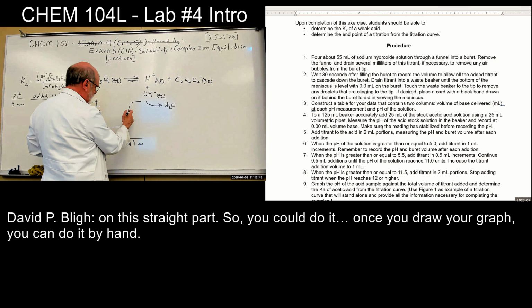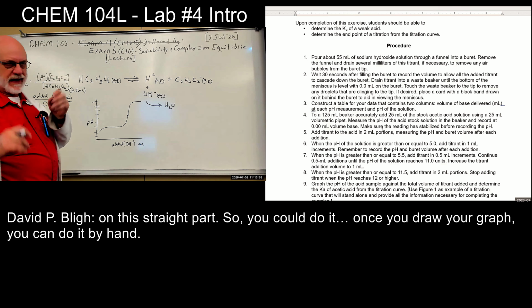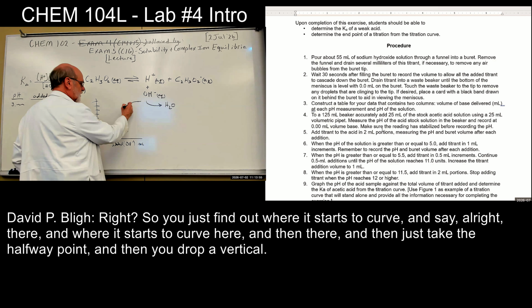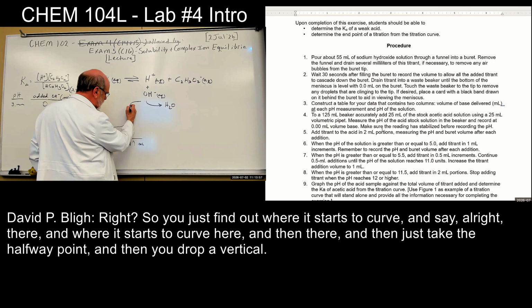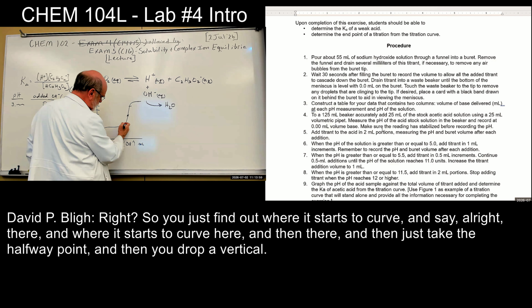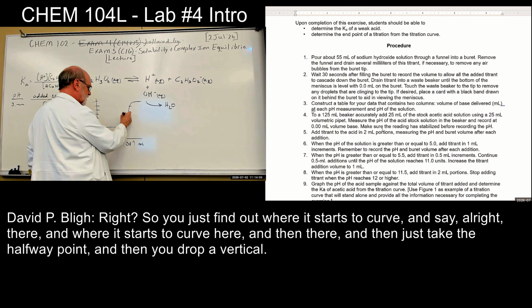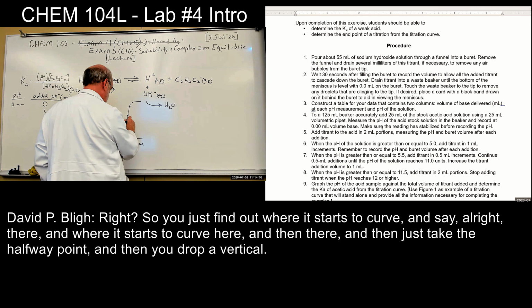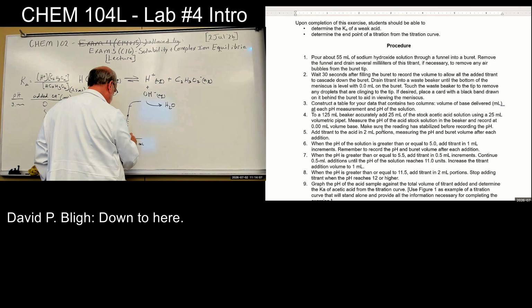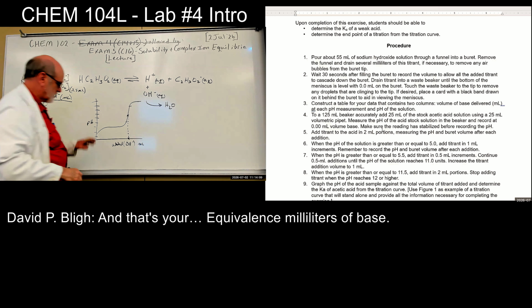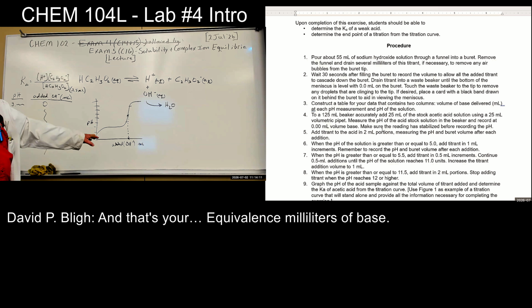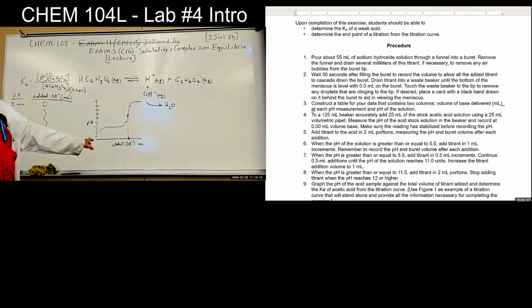Once you draw your graph, you can do it by hand: find where it starts to curve here, and where it starts to curve there, take the halfway point, and then drop a vertical down to here. And that's your equivalence milliliters of base.